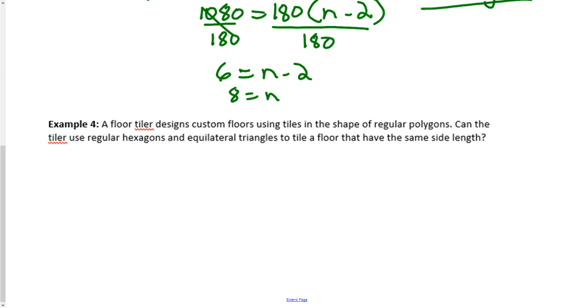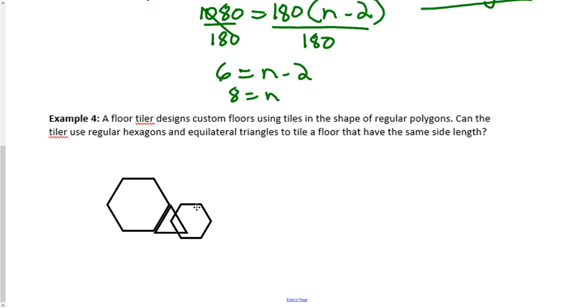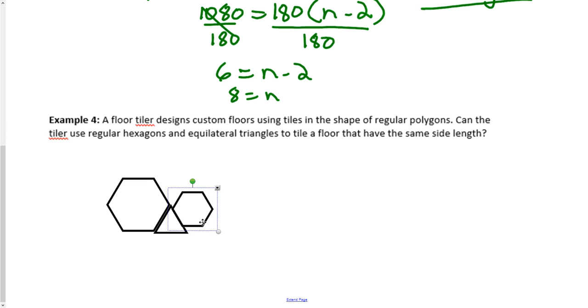So if you had a hexagon, now there's no way I'll be able to draw these perfectly that they line up. And a regular polygon. And assuming that they were the same size, could you lay them side by side? Like this.